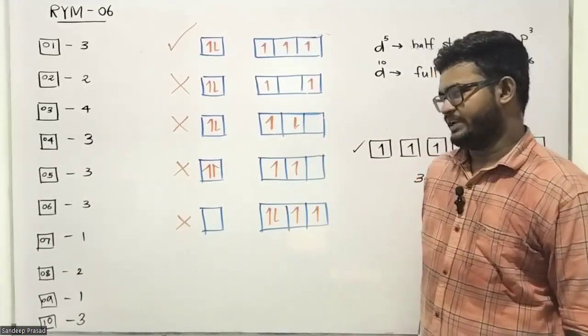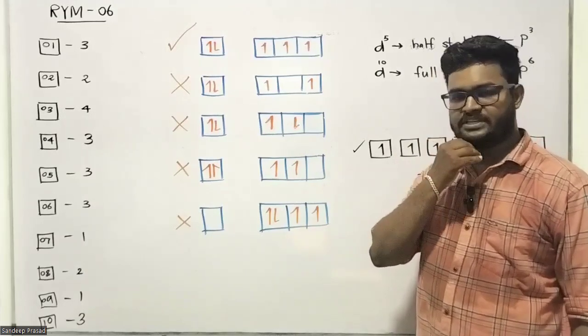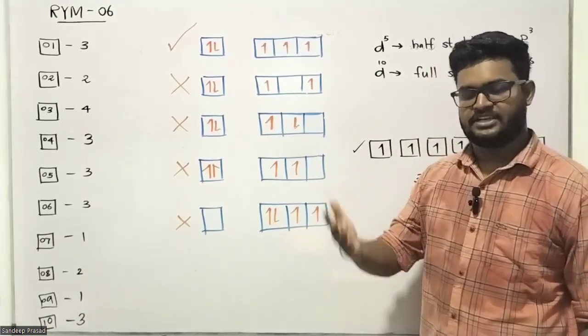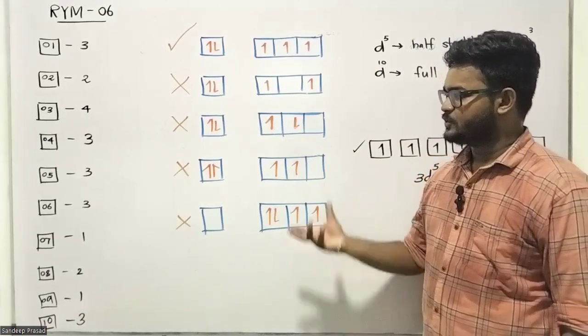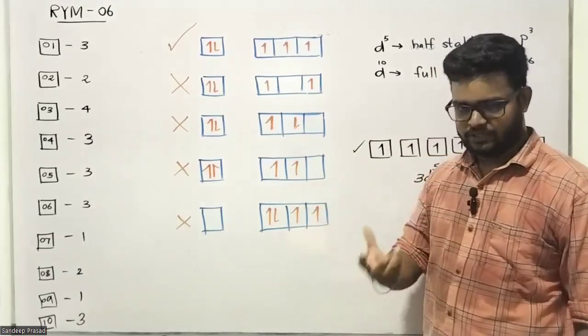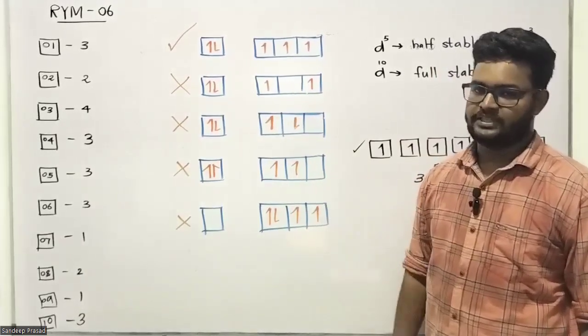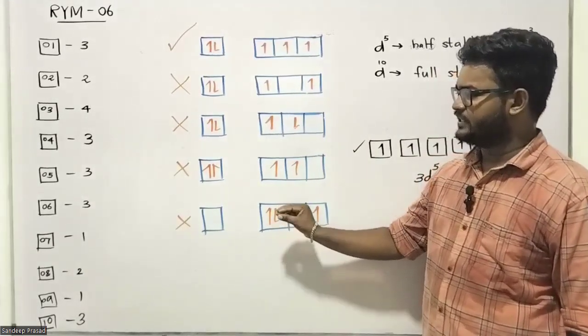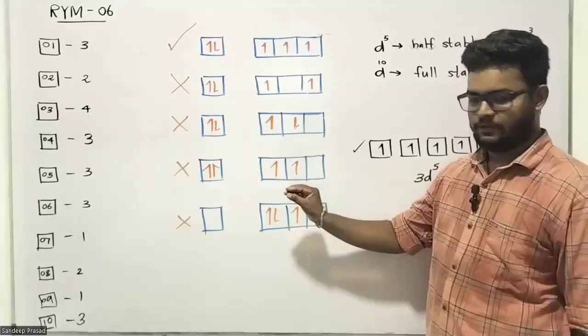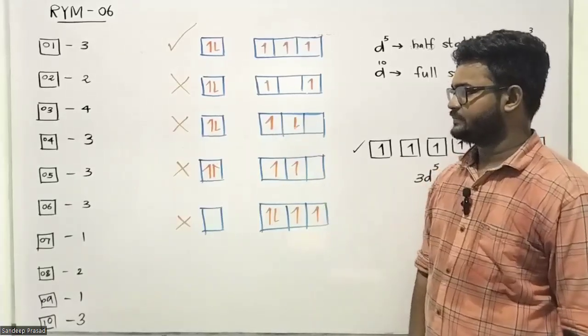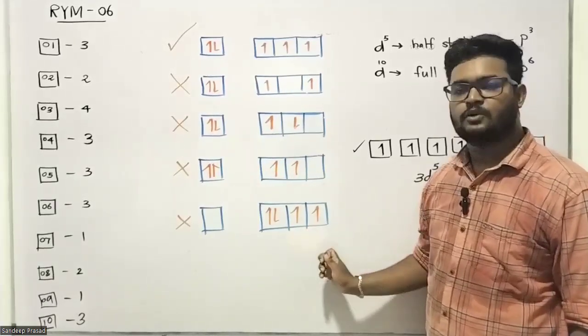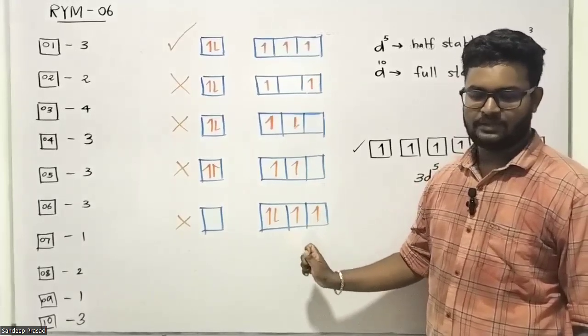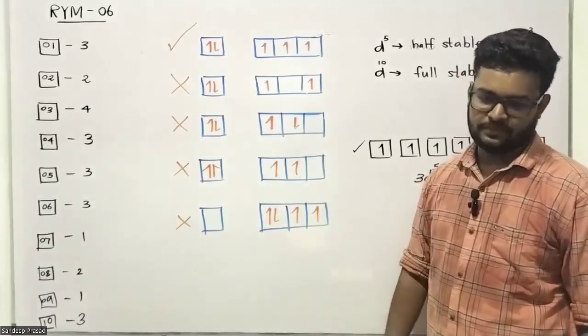In the next papers, you will see that I will include quantum numbers and the previous lessons also. Especially in the next paper, you will see the quantum number questions. Let's discuss quantum number questions then. So this is actually one of the easiest papers that we have discussed, paper 6. You should be able to score 10 out of 10 for this paper because it is not that much of a big deal.